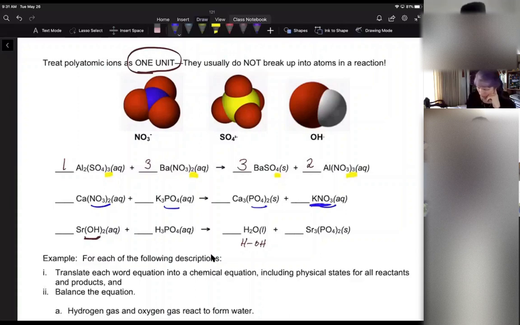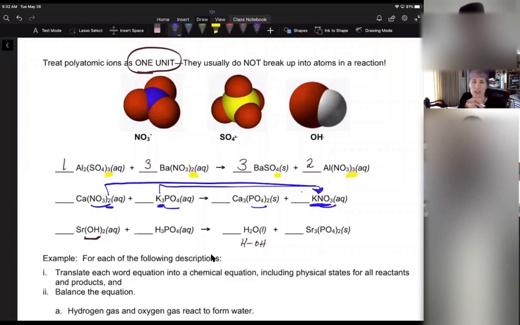Here I've got 3 K pluses. Here I've got 2 NO3 minuses. So if we think about those combining, the minimum number of KNO3 formula units is going to be 6.